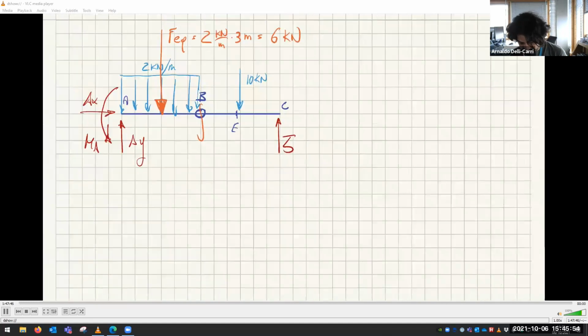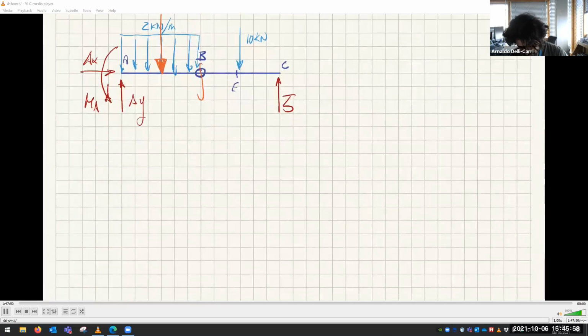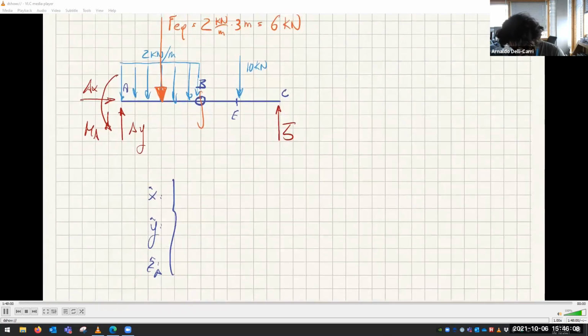So let's do equilibrium. X, Y, Z. I'm going to choose point A. And so along X, there is nothing. There's just AX equals 0. There you go, easy.